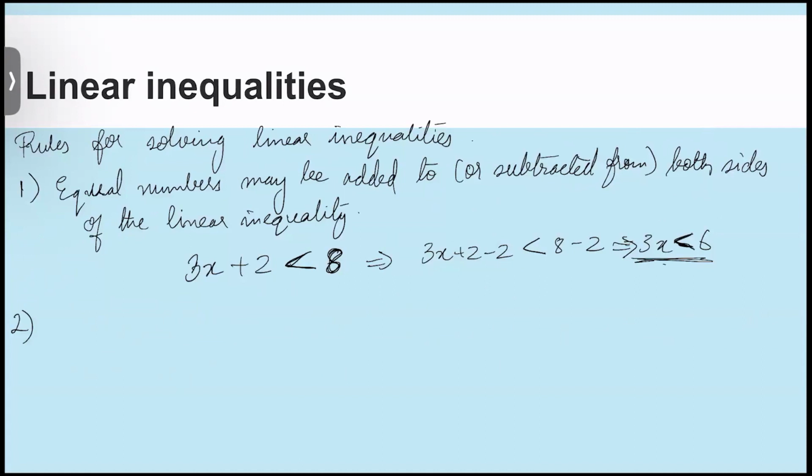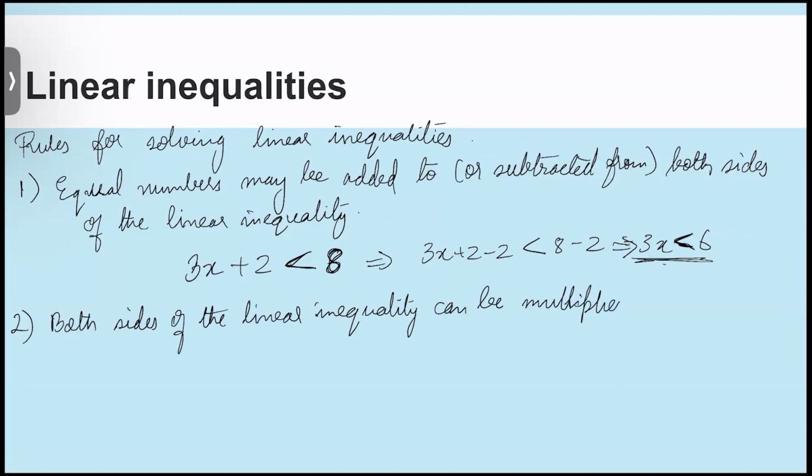So the second rule we can write as: both sides of the linear inequality can be multiplied or divided by the same positive number.